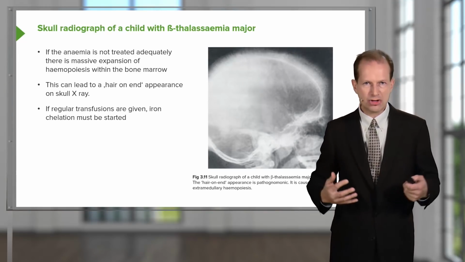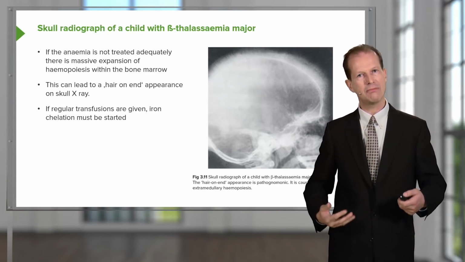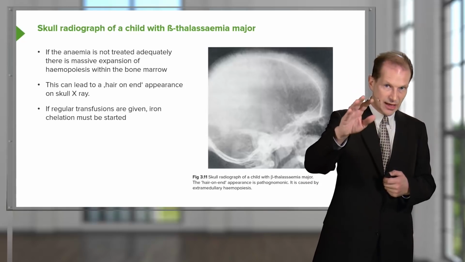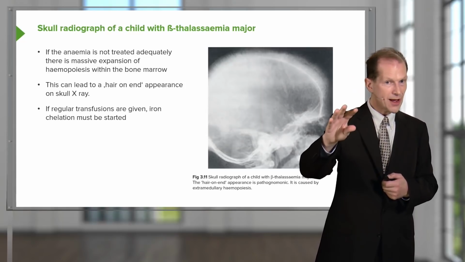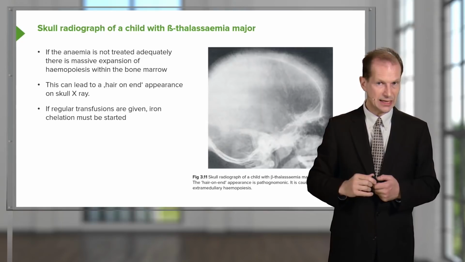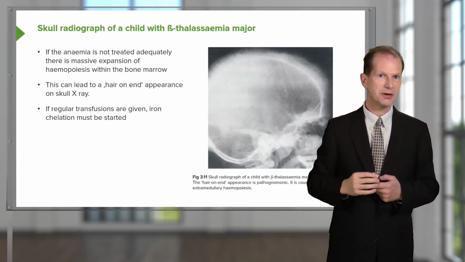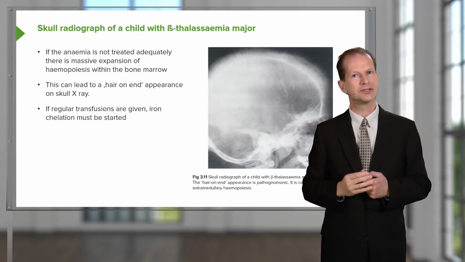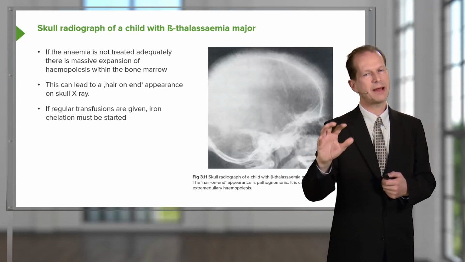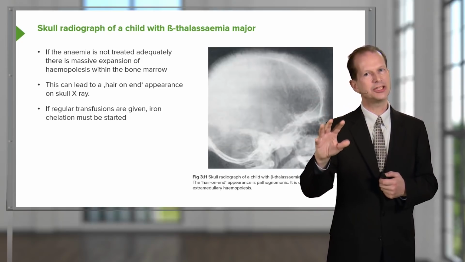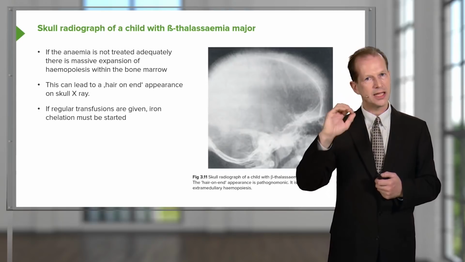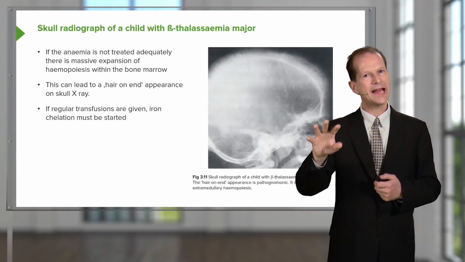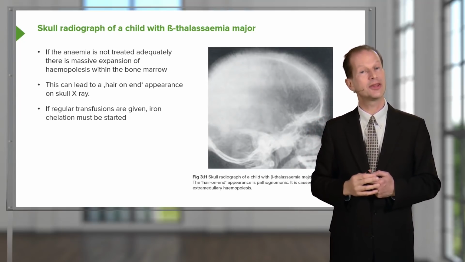The bone marrow tries to expand to make more red cells. And the characteristic X-ray, although now thankfully very rarely seen, is this skull X-ray showing the hair-on-end appearance. And that's due to the expansion of the hemopoietic tissue within the skull in this patient who has inadequately transfused thalassaemia.